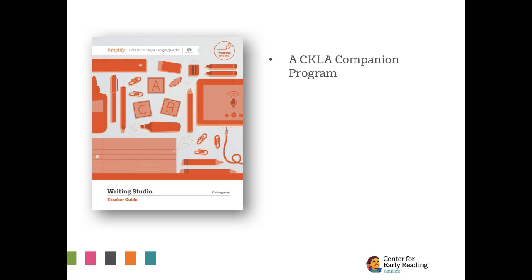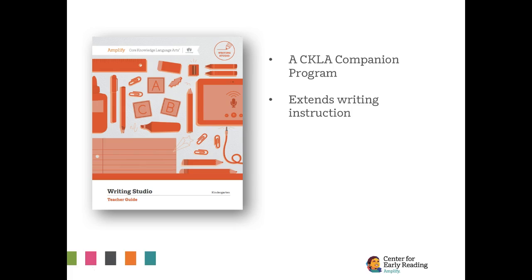It is a companion program that your school has decided to purchase to supplement your CKLA curriculum. This means that Writing Studio will align with what you are teaching during your CKLA instruction. Writing Studio provides additional writing opportunities for teachers to use to extend writing instruction.